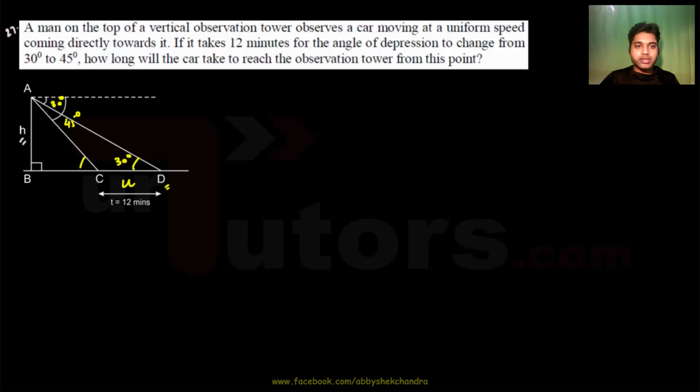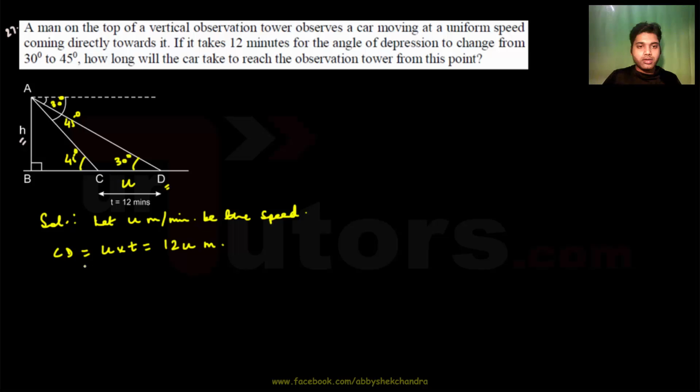If this is 45 degrees, this will be 45 degrees as well. Let U meters per minute be the speed of the car. So therefore CD will be what? Speed into time. That will be 12U meters.